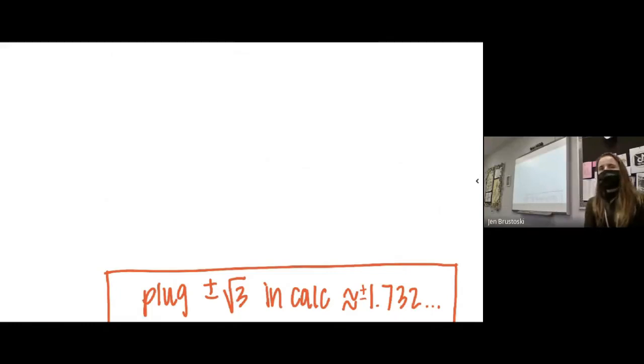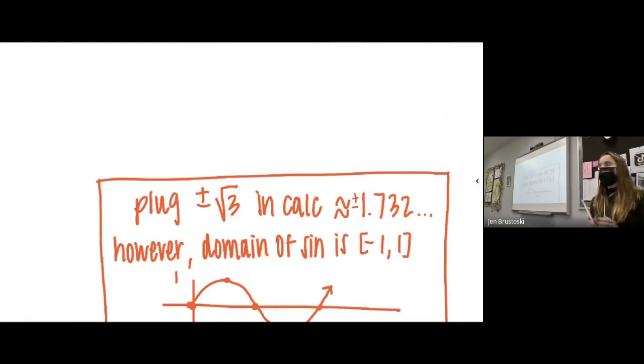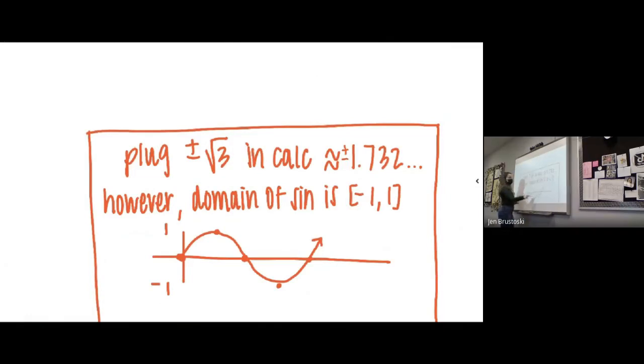Now, if you remember the range for sine and for cosine, it's between negative 1 and 1, because it keeps going up and down like this forever and ever. But this 1.732 is up over here and down over here.